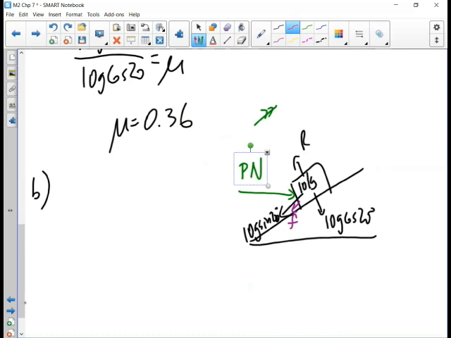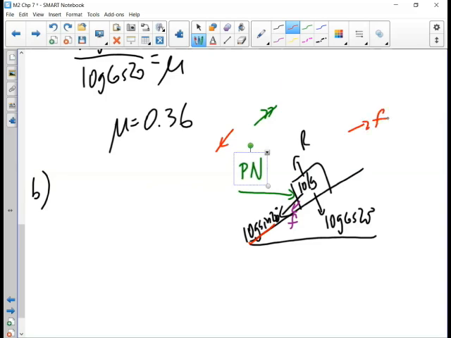Obviously, the P Newton will not be strong enough to stand against the 10G sin 20. So if P is a very small number, the 10G sin 20 will still be bigger than P. So it's very likely to slide. So if P is a very small value and the block is about to slide, then the friction will be the other way, which is that way.